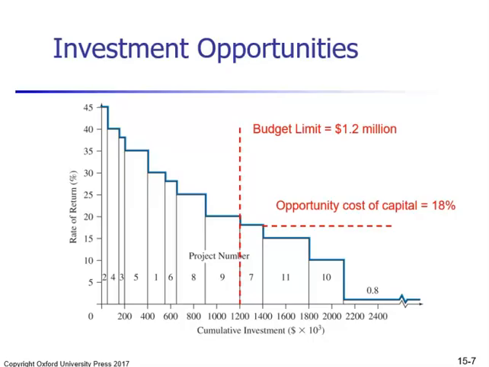Okay, so here we have the cumulative investment on the x-axis that is necessary, and on the y-axis we have rate of return. Rate of return for the first project, that is project 2, as you can see here, and the return of this project is 45%. So it is the topmost return that we have.